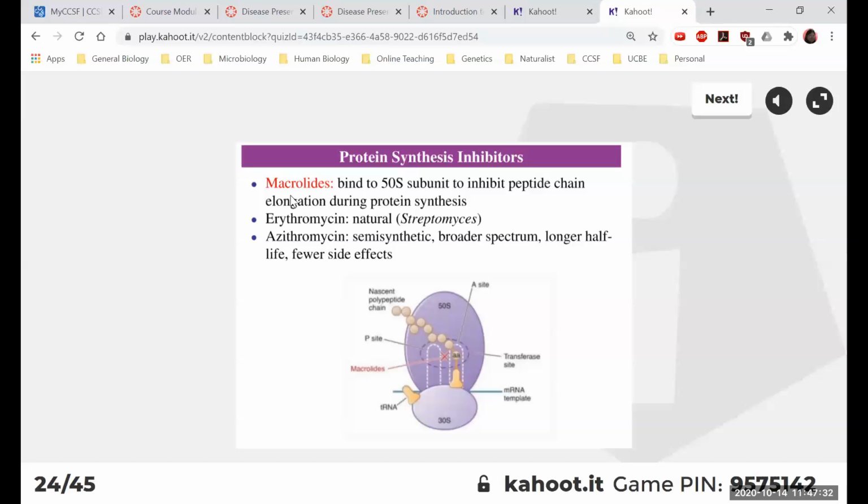The original macrolide, erythromycin, was a natural compound, so it actually came from Streptomyces. And then we now have other ones that are semi-synthetic, which end up having broader spectrum, and the chemical modification can also increase the shelf life and make them less toxic, with fewer side effects.